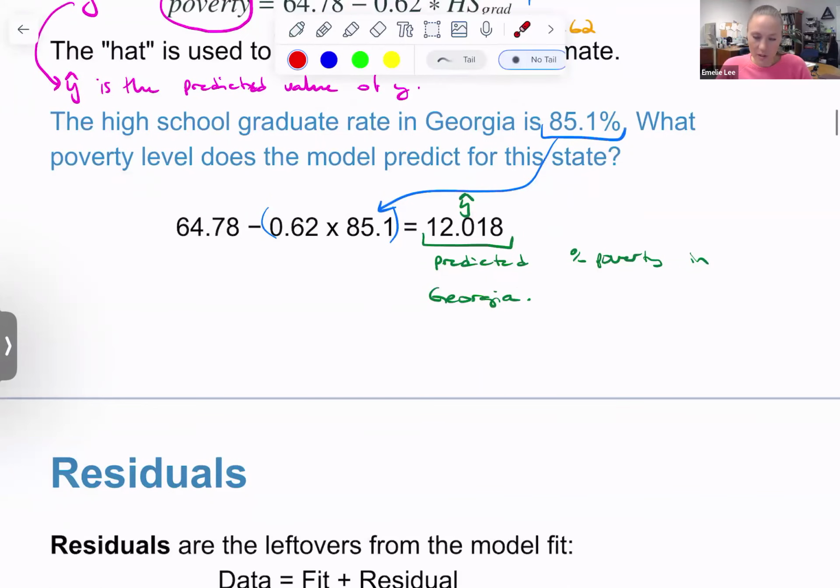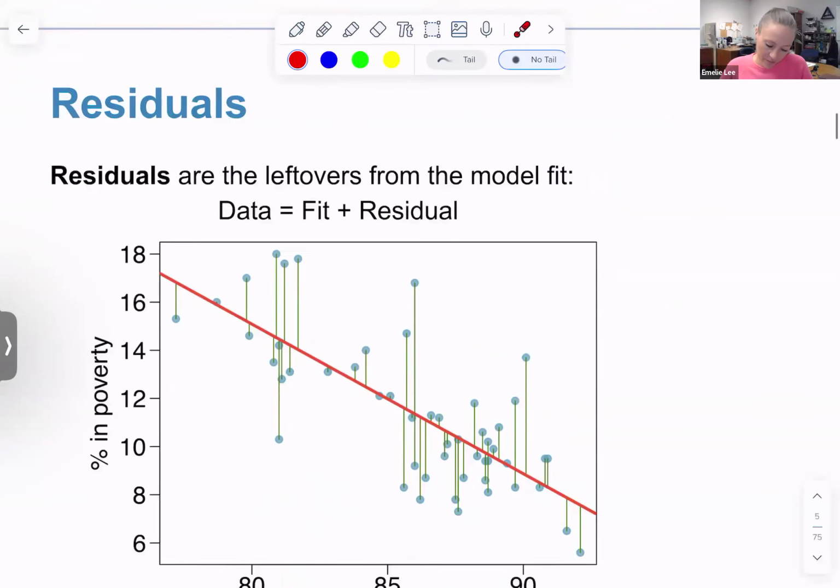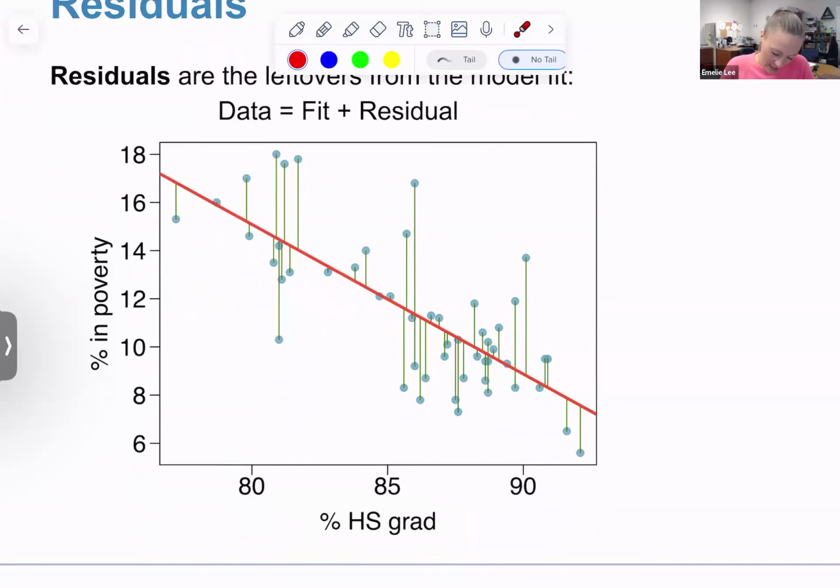But we also know that we had information on all the US states and DC. And so what we can do is find residuals. The residuals are exactly as they sound. Let the name guide you. They're the leftovers from the model fit. So we're going to have our line, and we can plug in any value of x and find the corresponding value of y.